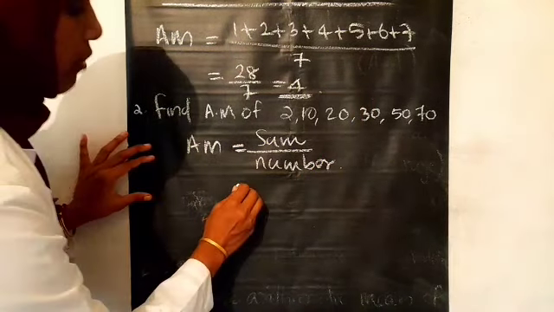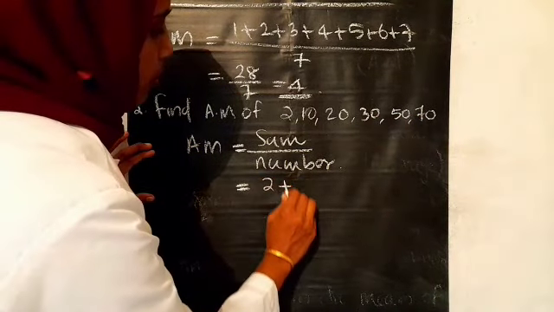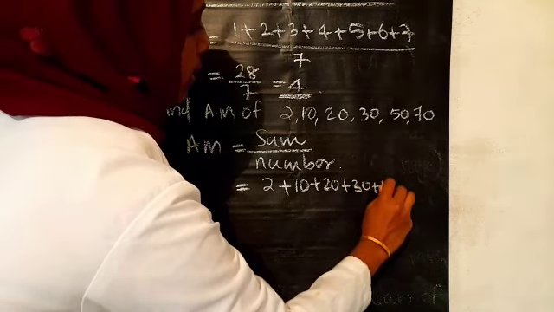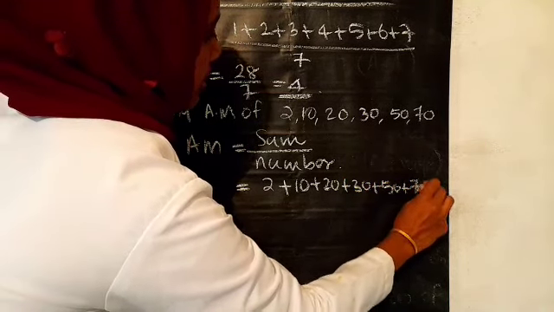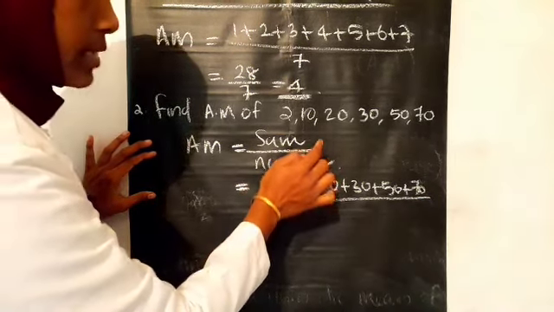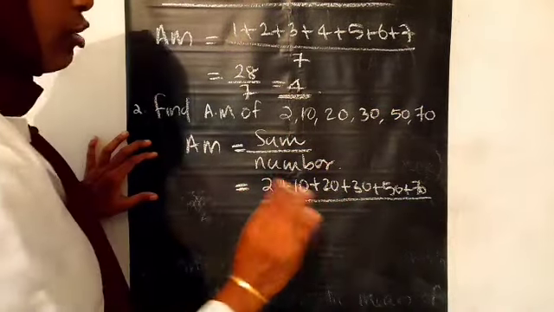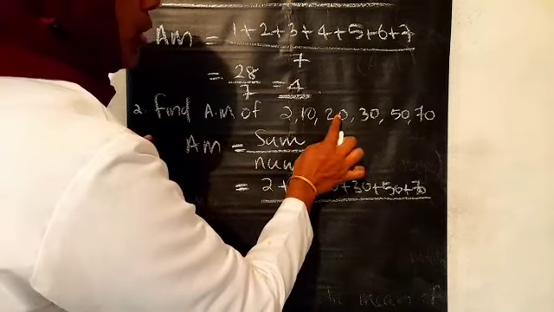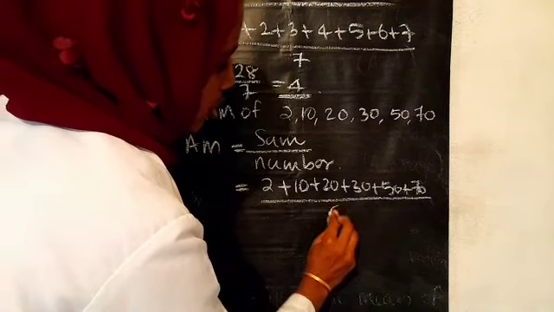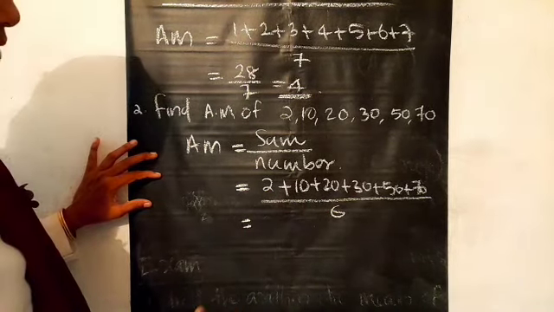Then write the sum of these numbers: 2 plus 10 plus 20 plus 30 plus 50 plus 70, divided by the number of observations. How many numbers are there here? Count: 1, 2, 3, 4, 5, 6. So 6 numbers are there.